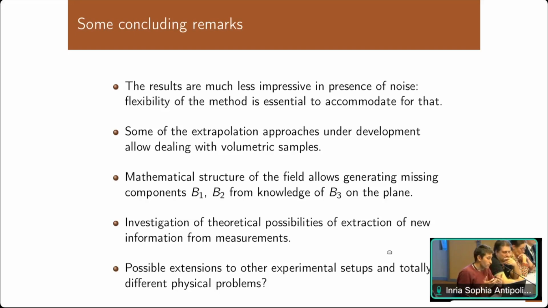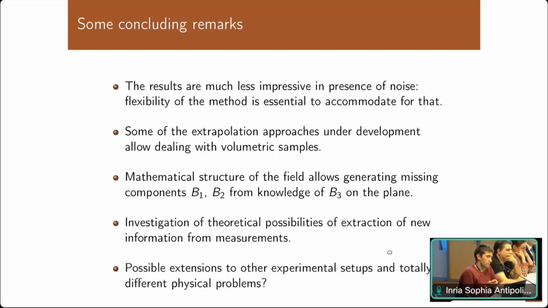Now, we were dealing with the extrapolation of one component of the field from a small square into a large square or the entire plane. But once we know the component of the field on the entire plane, we can again use the mathematical structure that the field obeys, the harmonicity of the field in particular, and generate the two other components.